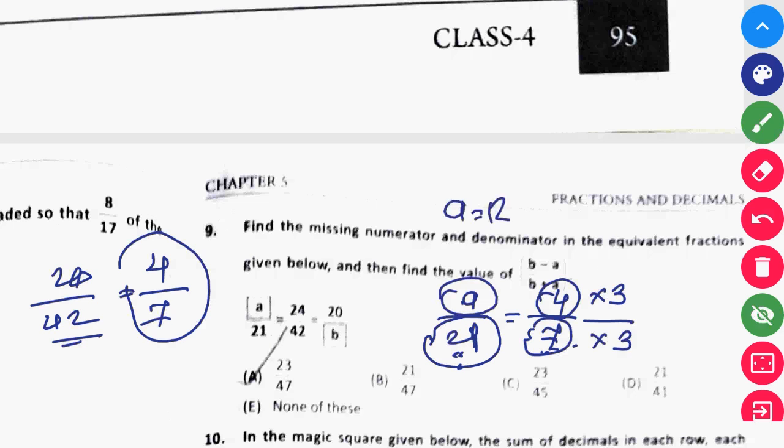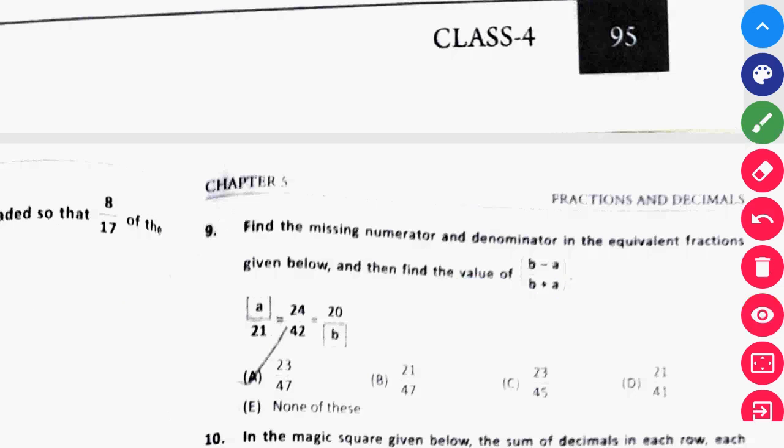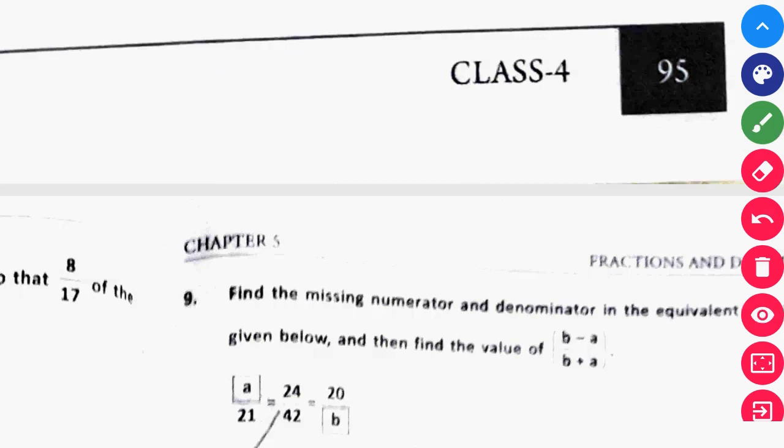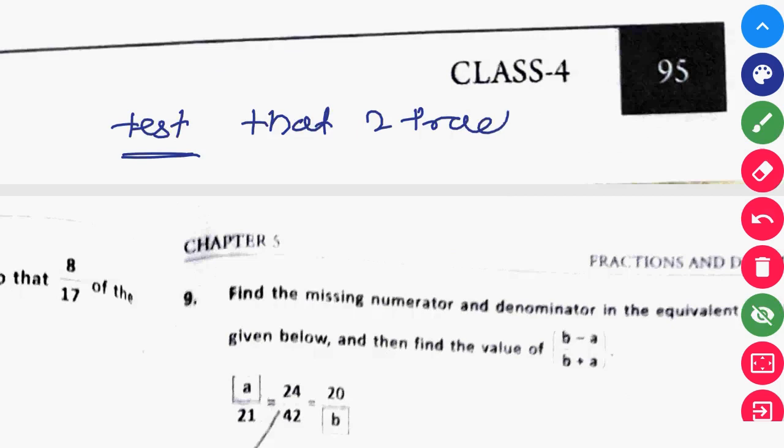Okay. Now the other method is also there. Which is the other method? Now we learned, if you remember, how to test whether two fractions are equivalent.